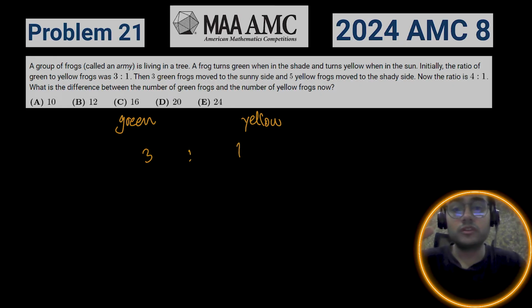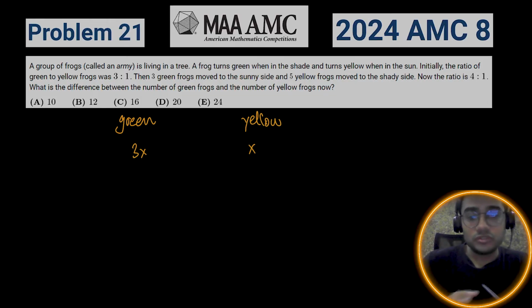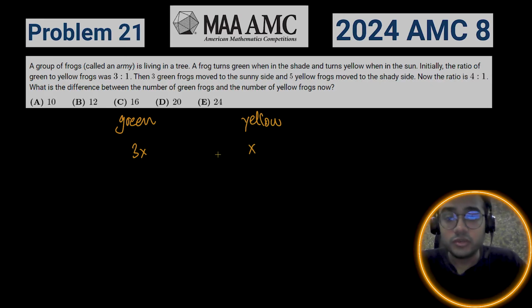But if you want to convert them into actual numbers, you can write 3x and x, right? See, they're still in 3:1, but x is a multiple that you can multiply them with to get the actual number. And the actual numbers we can use in calculations to make equations and stuff, but the ratios we can't. So that's why 3x and x is a good choice. Then three frogs moved to the sunny side.